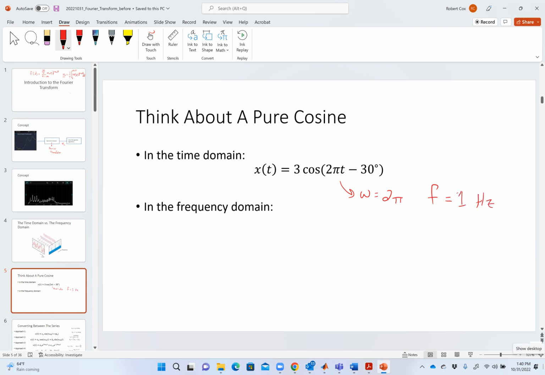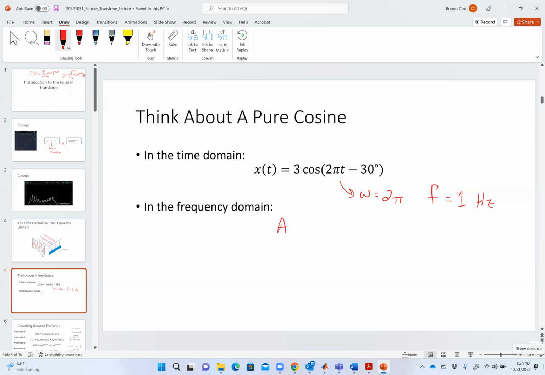So if I said, in the frequency domain, where would you expect there to be information? I would expect there to be something at 1 hertz.